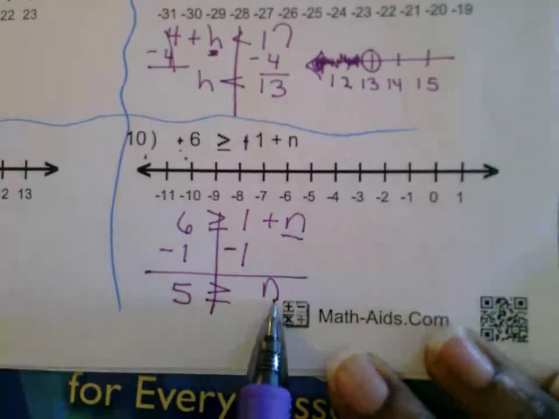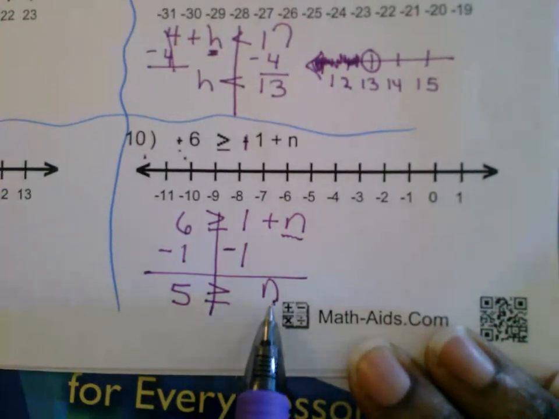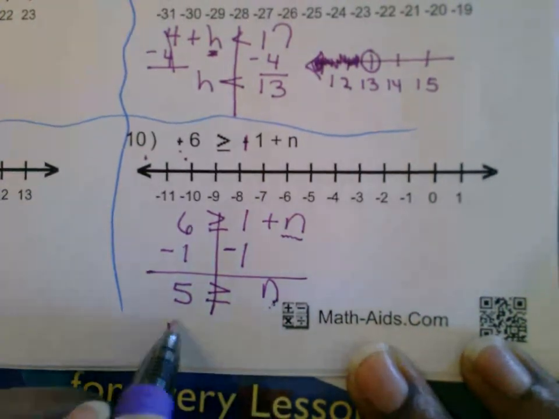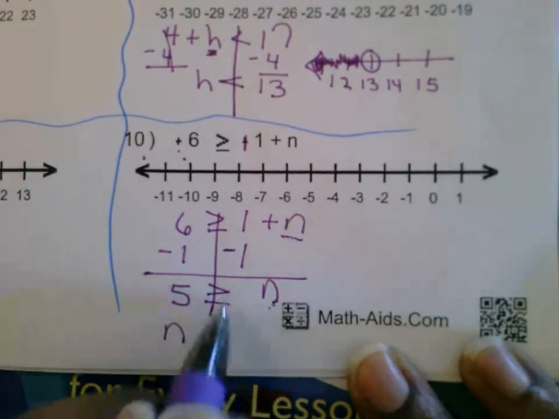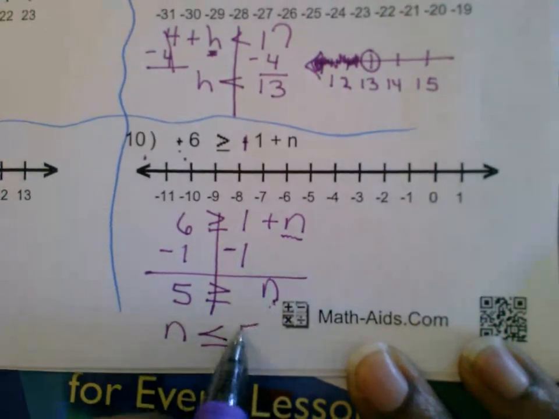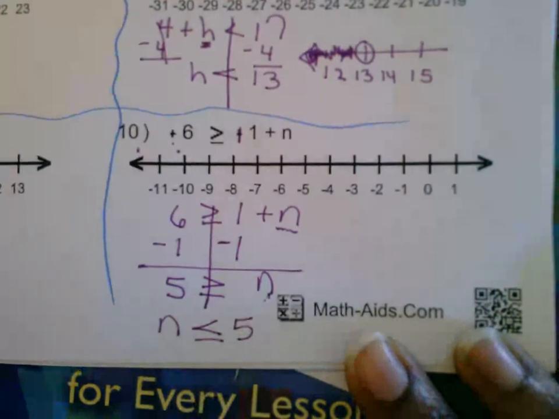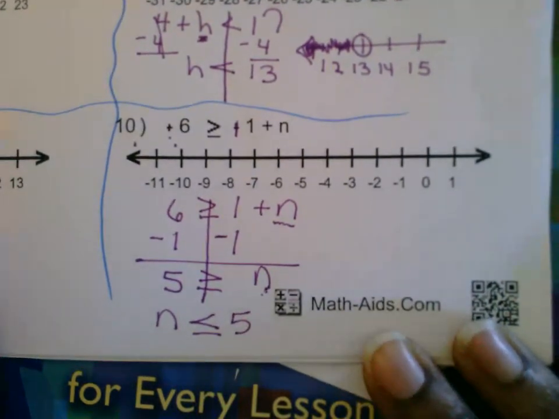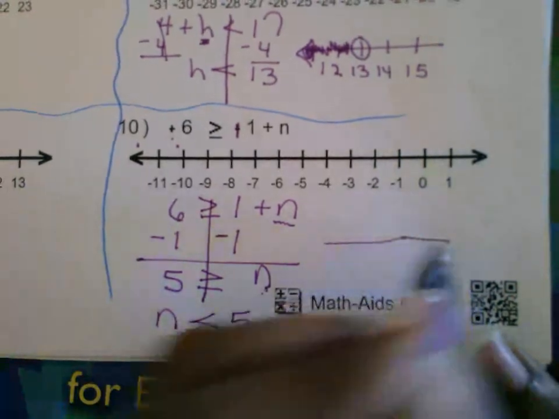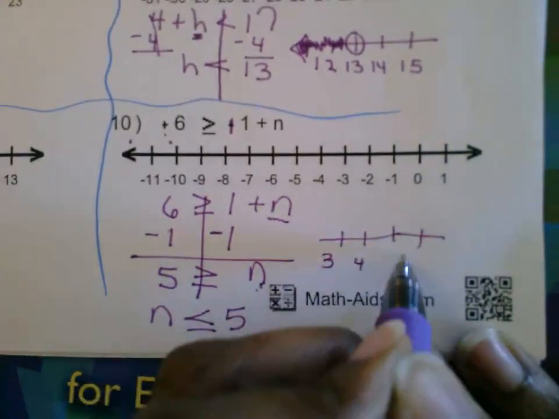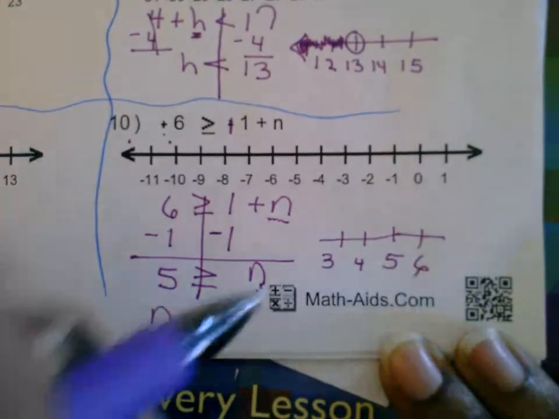Now, because this variable is over on the right, we can rewrite it as n. See how this inequality is close towards the end? n is less than or equal to 5. I'm going to draw my own number line. 3, 4, 5, 6.